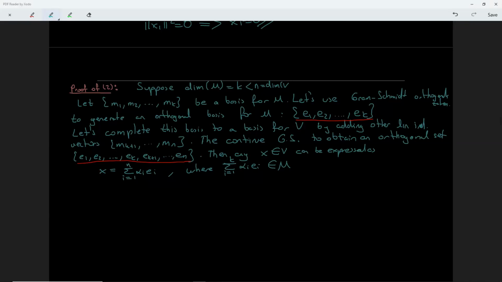So let's say x1 is these first k terms, sum over i from 1 to k of alpha_i e_i, and let x2 be the remaining terms, sum over i from k plus 1 to n of alpha_i e_i, such that x is equal to x1 plus x2, right?